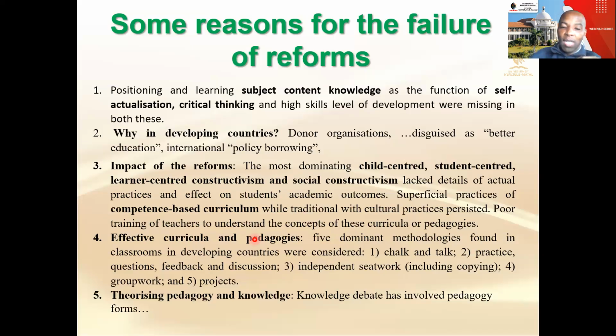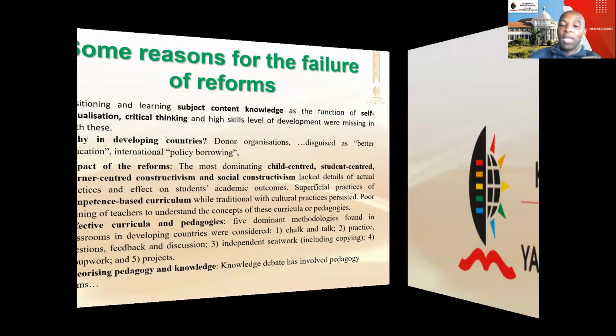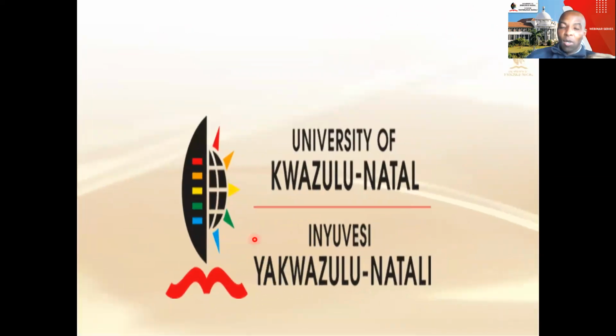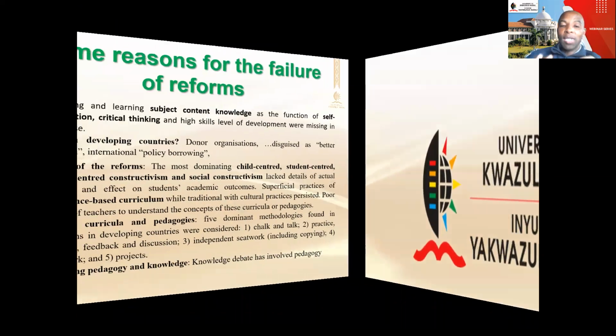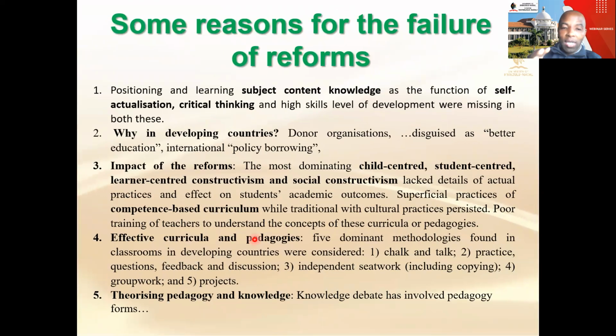So none of these two is innocent, because each one of them will come with its own strength and weaknesses. So what should we do then? Let us work according to the strength of this and strength of this in our teaching.